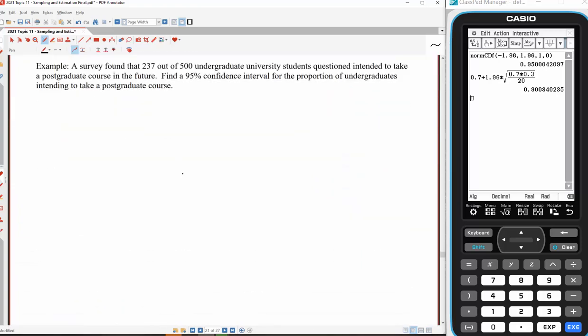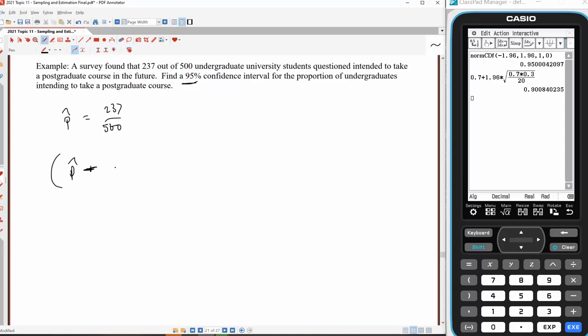All right, another example. A survey found that 237 out of 500 undergrad uni students questioned intended to take a postgrad course in the future. We want a 95% confidence interval for the proportion of undergraduates intending to take a postgrad course. So P hat in this case is the 237 out of 500. Okay, and again, to get the 95% confidence interval, we'll go straight to the formula.